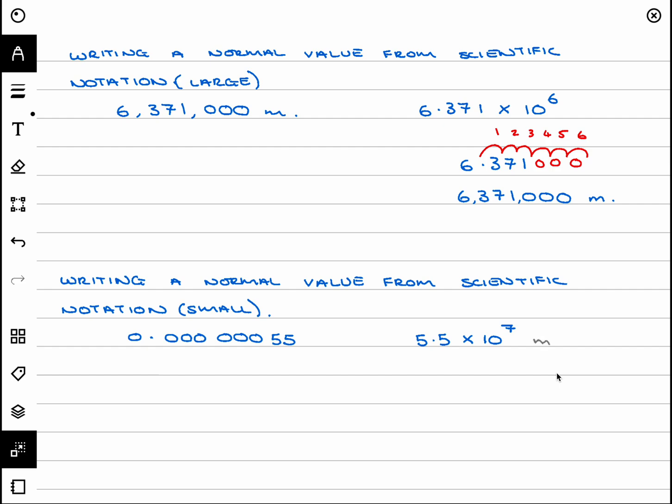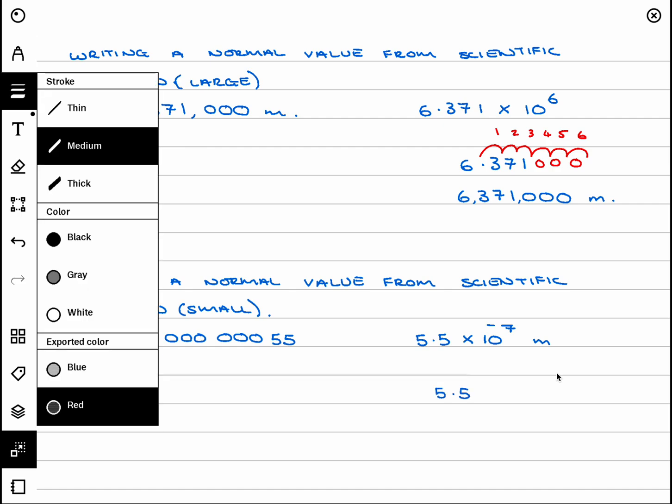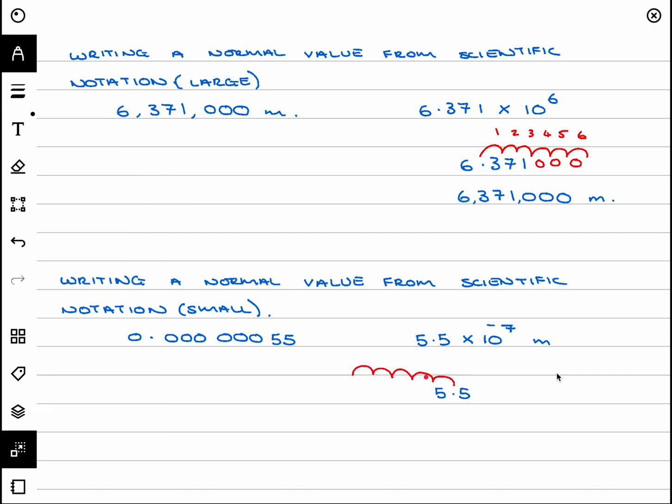And it should be to the negative 7. So we're going to start with 5.5 that we have, and then we're going to move this back 7 times.